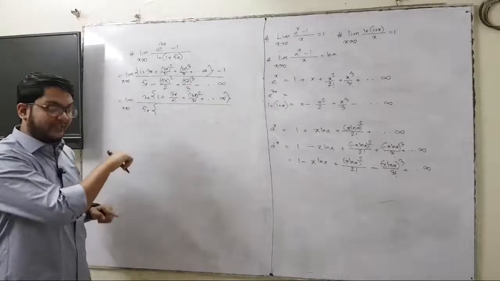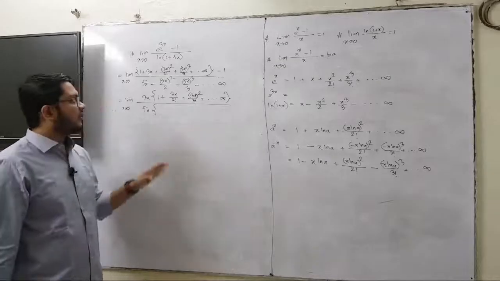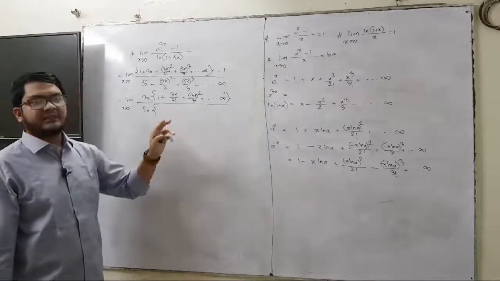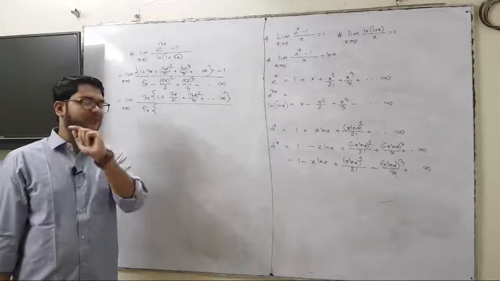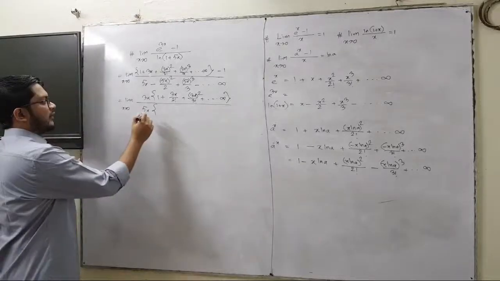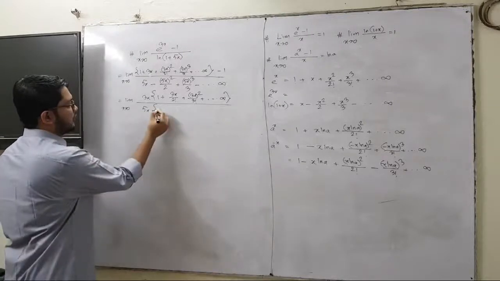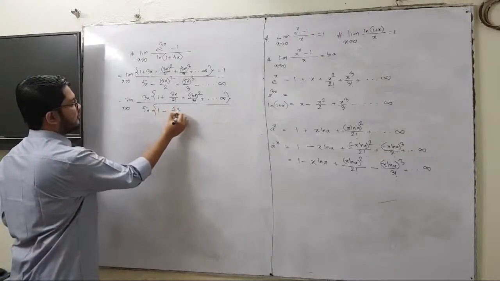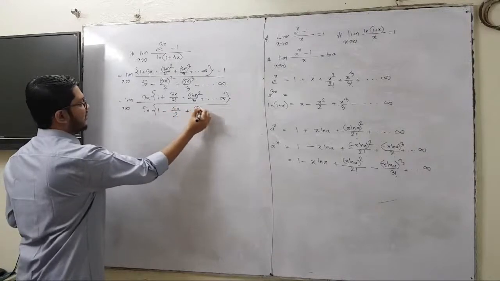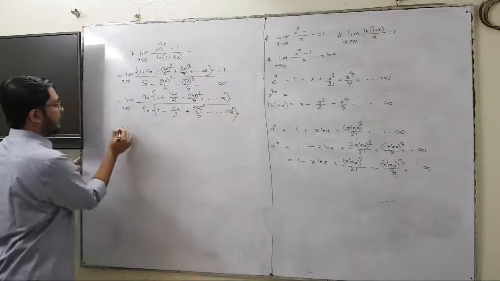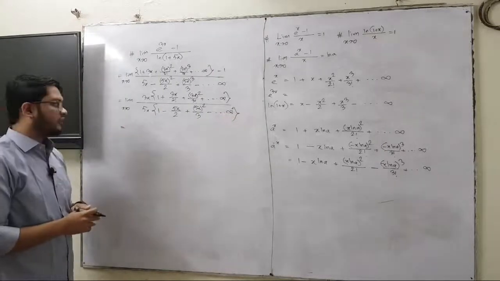Before I finish this math, let me tell you one thing. We can very simply solve this problem in just a few seconds. I will show you this trick. But before that, let us finish with the expansion method. So you have 1 minus 5x by 2 plus (5x) whole square by 3 minus, all the way to infinity. And then the rest of the part is very easy.